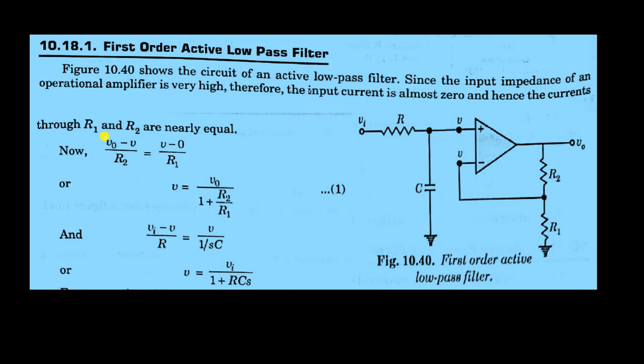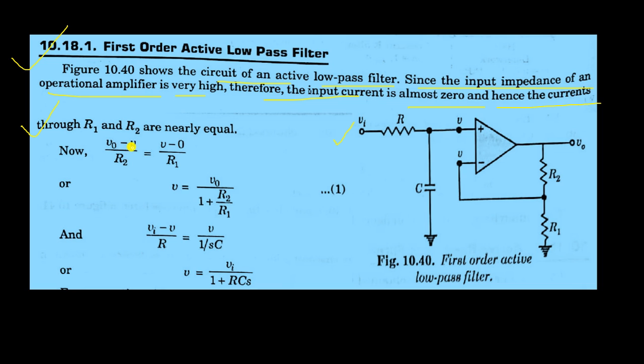Yes, first order active low pass filter. In figure 10.40, this is the circuit of an active low pass filter. Since the input impedance of an operational amplifier is very high, the input current is almost zero, and hence the currents through R1 and R2 are nearly equal.